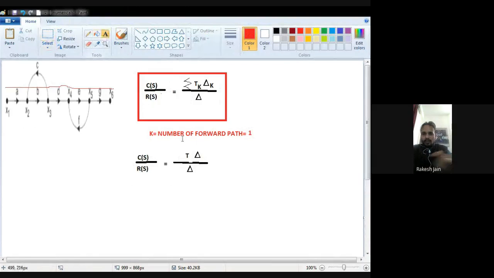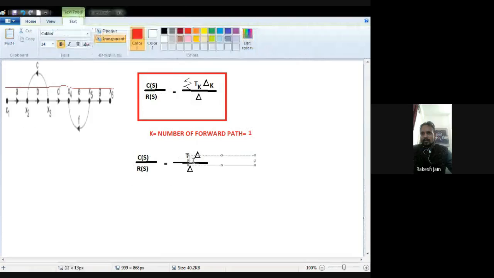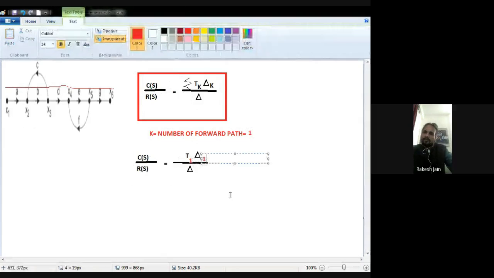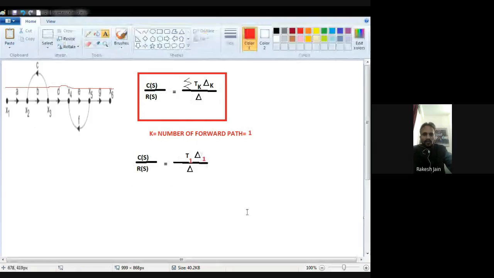So this one is T1, this one is del 1, and divided by del. Now this will be my formula. I have to find out only the value of T1, del 1 and then put the value of del, then my answer will be completed.